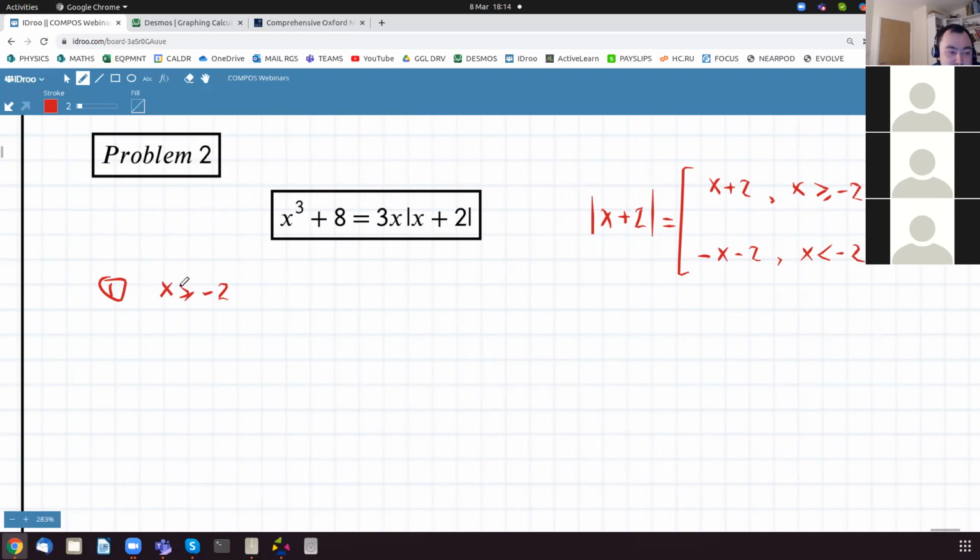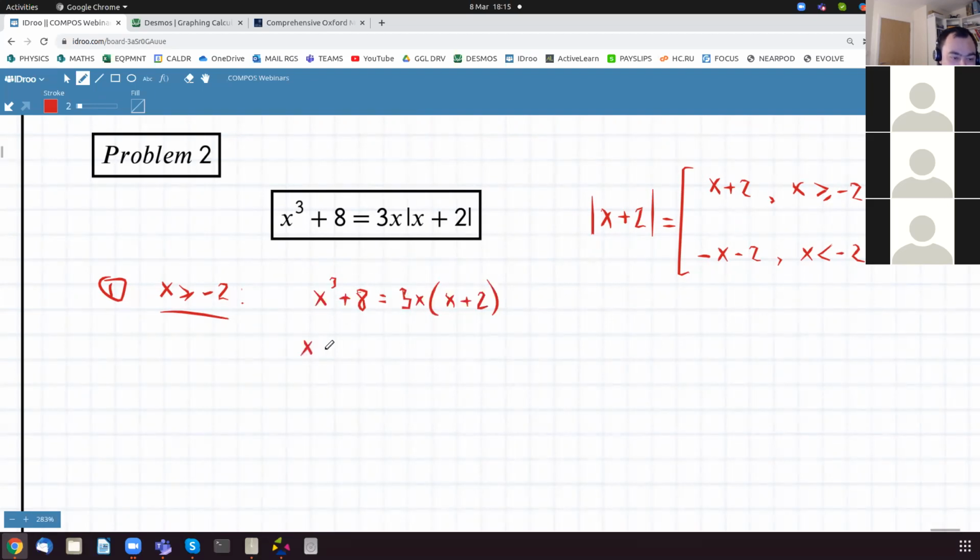So you can assume that x is greater or equal to minus 2. That's our limitation. And that means that the equation becomes x cubed plus 8 equals 3x, and now just round brackets, x plus 2. Okay, so from here, we can factorize this.